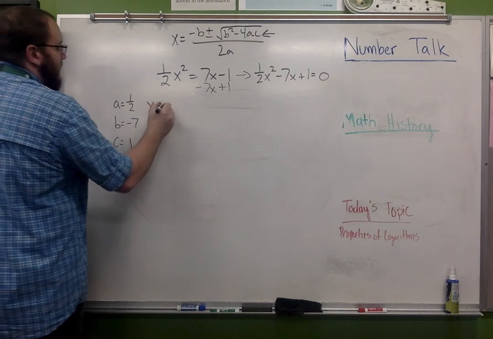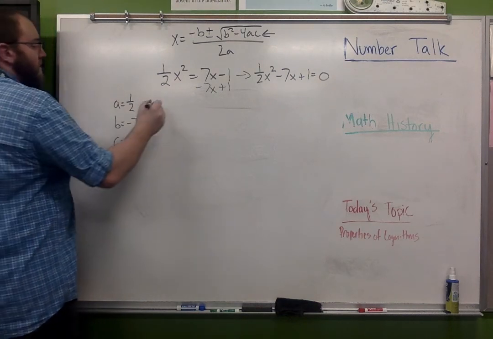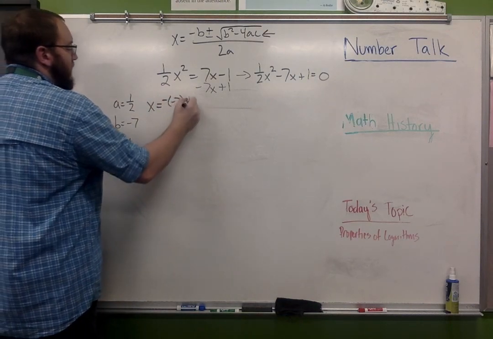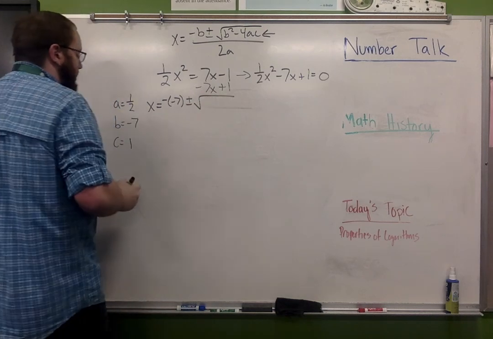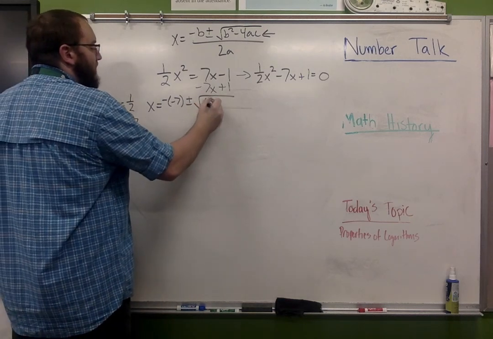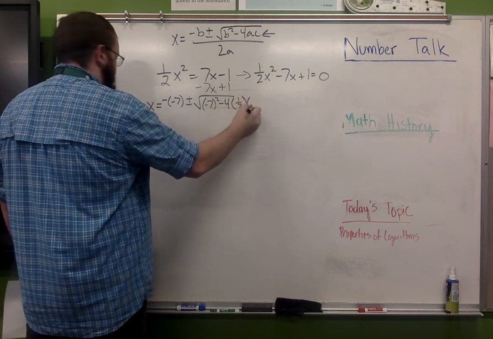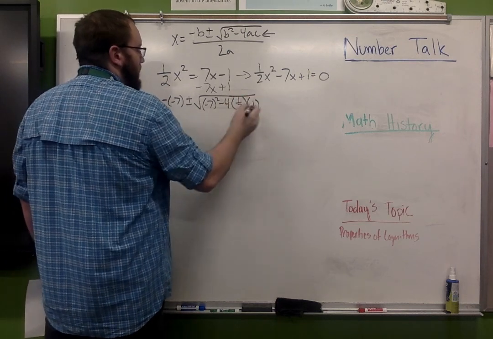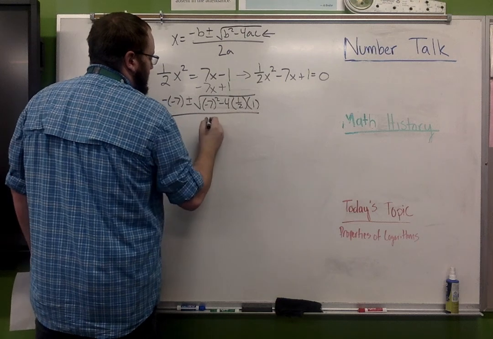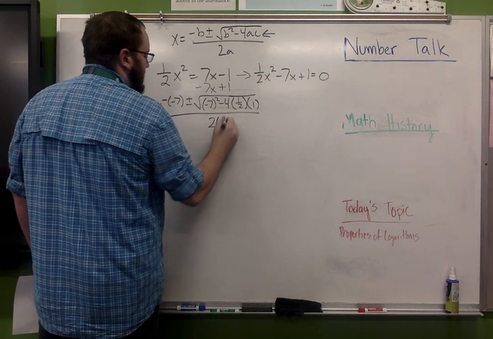So x equals negative b, so negative 7, plus or minus the square root of b squared, negative 7 squared, minus 4 times a, 1 half, times c, which is 1, all over 2 times a, which is 1 half.